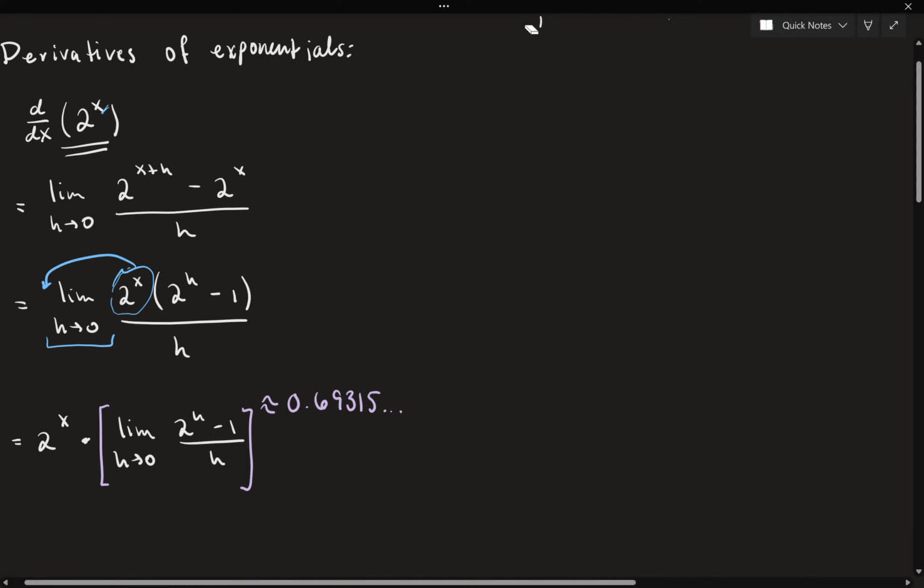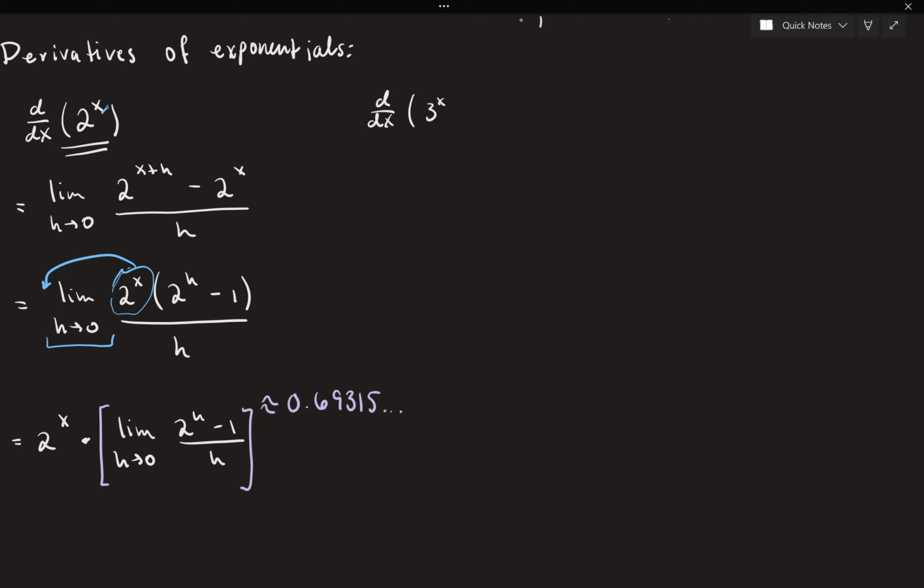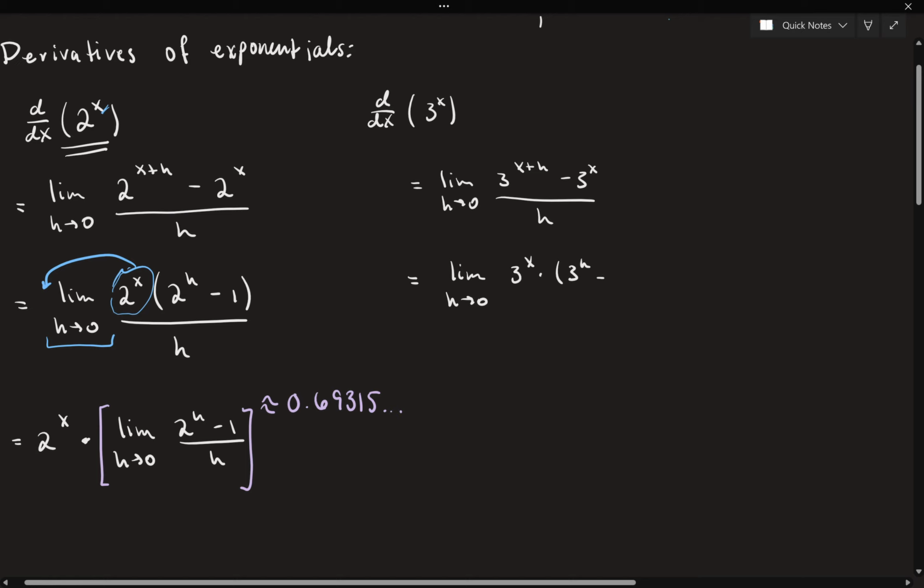Now what I'm going to do is I'm going to do the same with another number. I'm going to erase this so I can get myself some more room. How about the derivative of 3 to the x? And you'll see why I'm doing this in a second. The derivative of 3 to the x, same as before, limit 3 to the x plus h minus 3 to the x over h. And then just like before, I'll factor out my 3 to the x. 3 to the x times 3 to the h minus 1 over h.